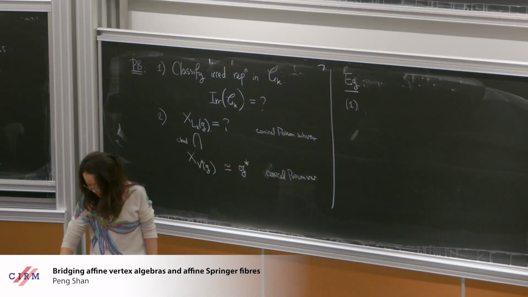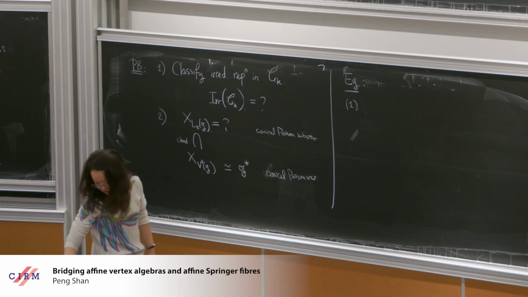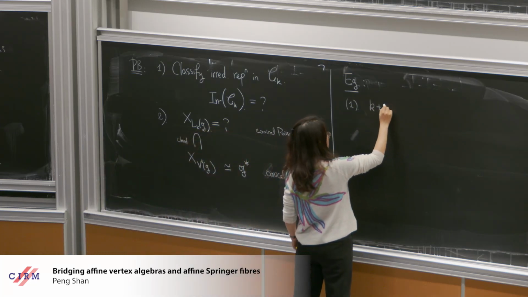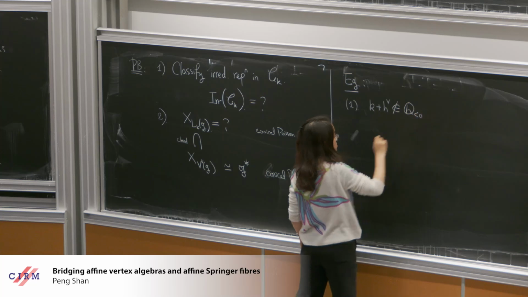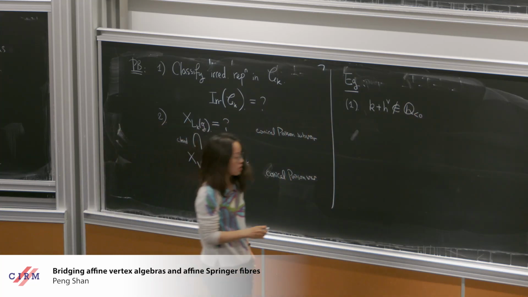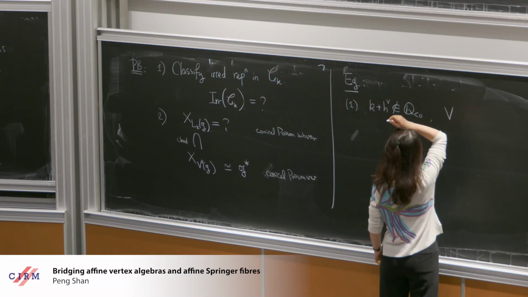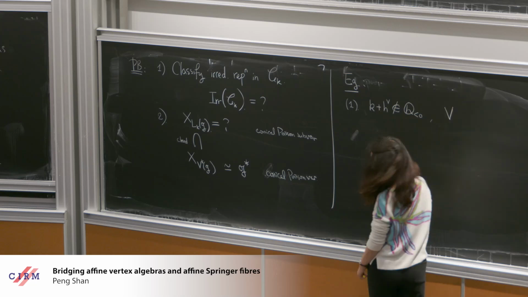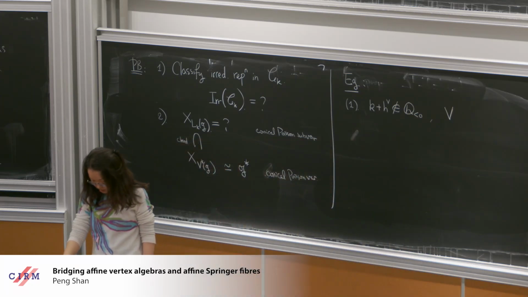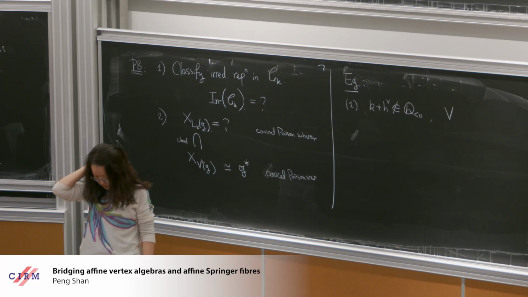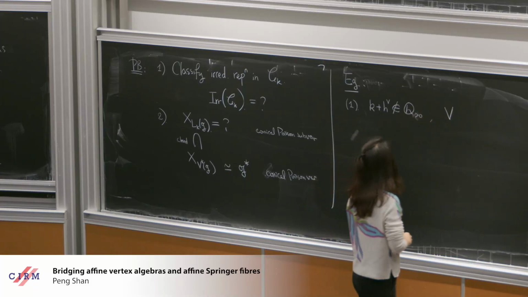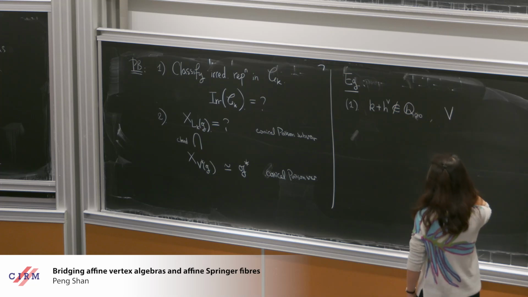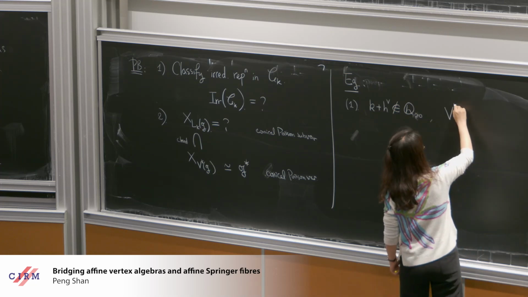First of all, if k plus the dual Coxeter number is not a negative rational number, then in this case V_kG is just simple.